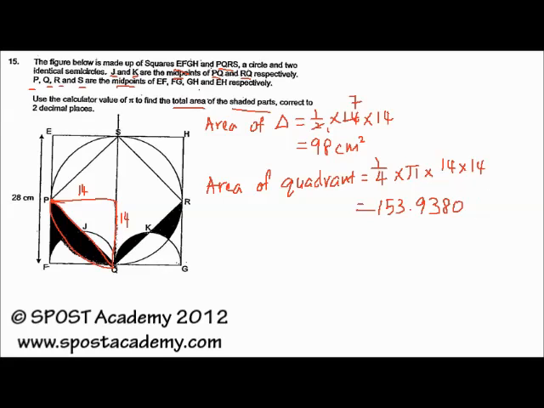So to find the red shaded area, it's just using the area of the quadrant, which is 153.9380 minus 98. Okay, 55.9380.